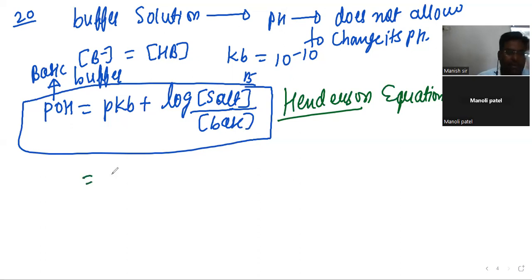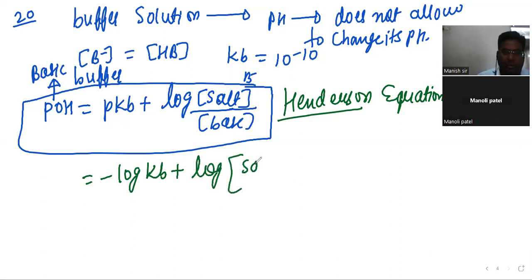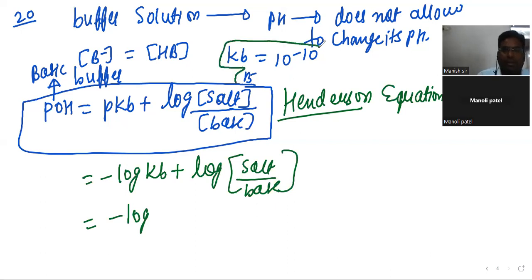So now we will use the value. It will become minus of log of Kb plus log of concentration of salt by base. Now put the value: minus of log Kb, the value given, that is the equilibrium constant of base, 10 raised to minus 10, plus log of salt value and base value, which is the same, right?